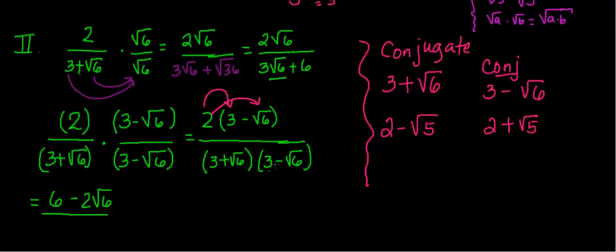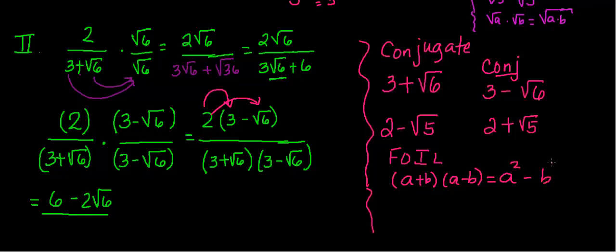In the denominator, we have a product of binomials, so we need to use FOIL. Okay? FOIL. That's first, outer, inner, last. Whenever you have a plus b times a minus b, you get a times a, which is a squared, minus b squared. And this is the simplified form. You could go ahead and do FOIL and you're still going to get this last answer.